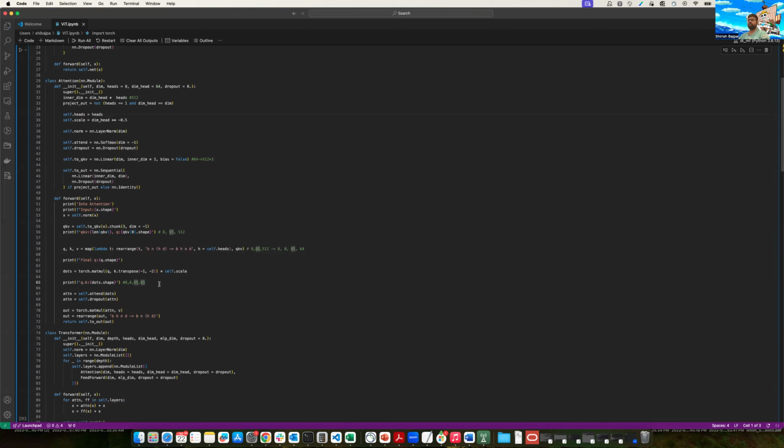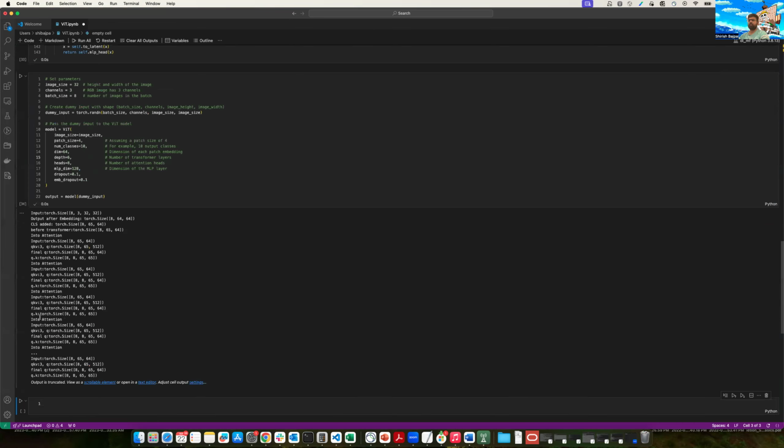Basically this is self attention, so each token attends to every other token, and we have an attention score for each token across every other token.